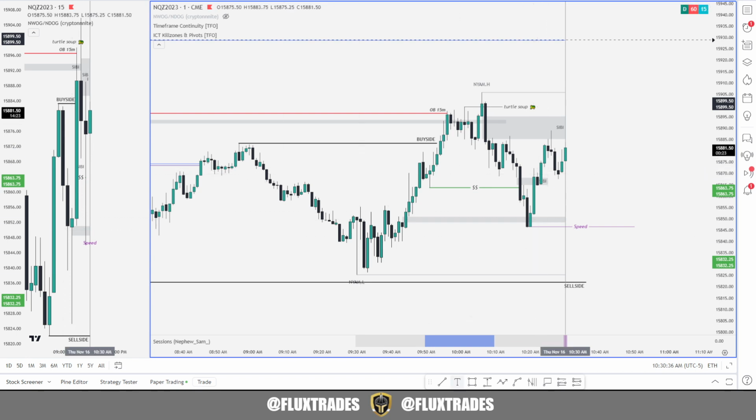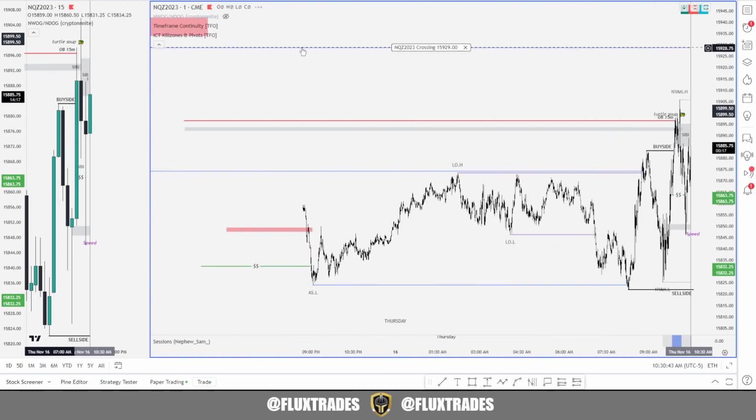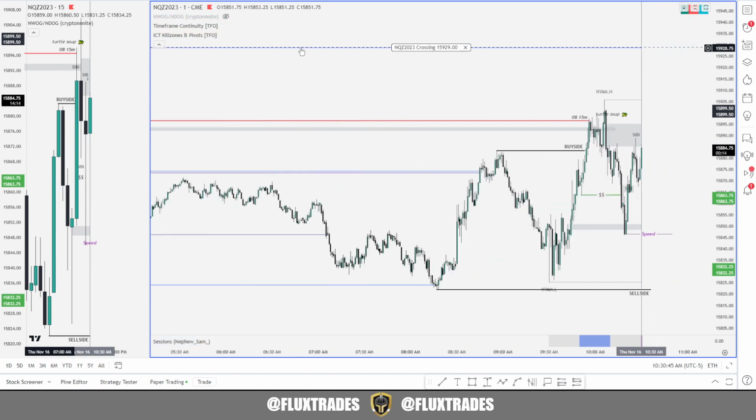Holding this one, so I'd like to see this range here can hold. Let me tap into it, then look for. We still got a swing high up here at 15,929.